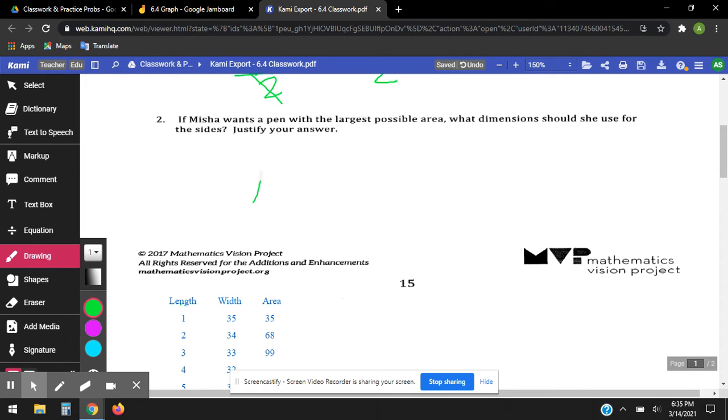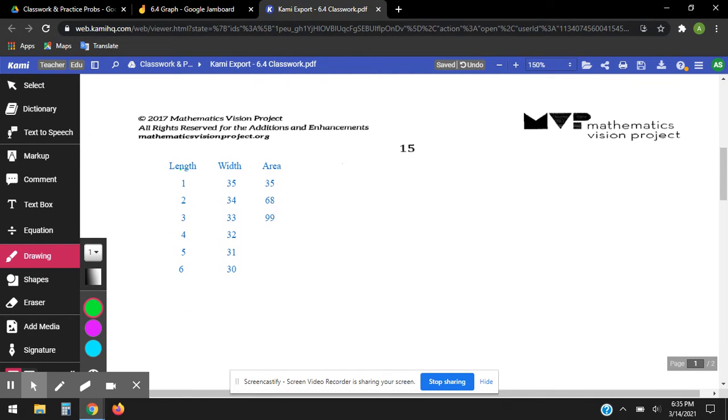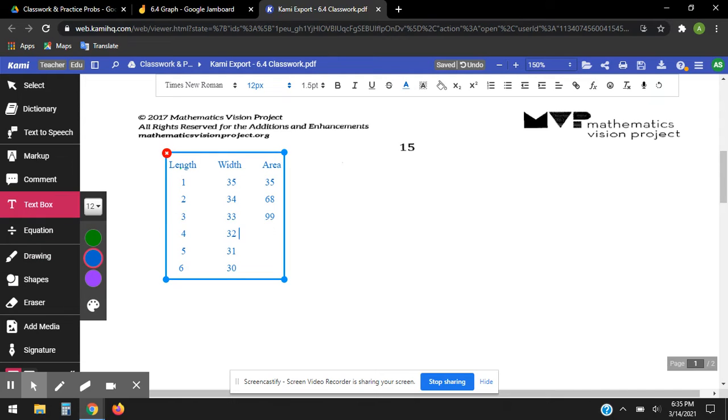Area, just remember, is length times width. So in case you were wondering how I was getting those numbers, hopefully that's review. Okay, so now we have 4 times 32 is 128. 5 times 31 is 155. And then 6 times 30 would be 180.